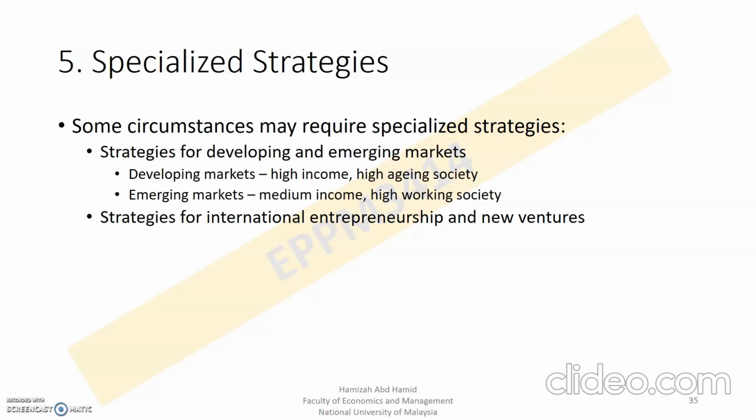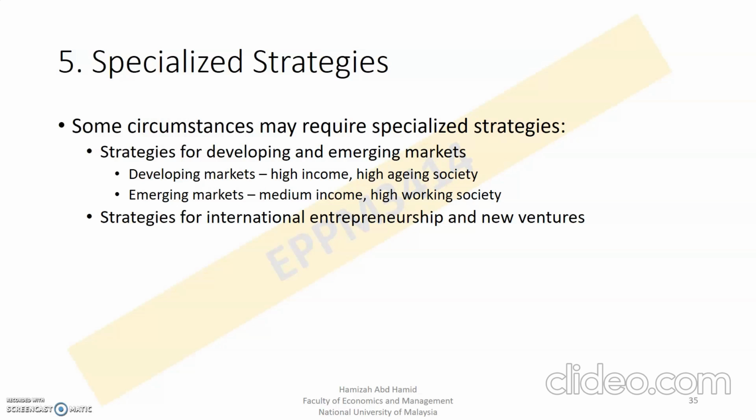There are specialized strategies for specific markets and also specific types of companies. Some circumstances may require specialized strategies. Developing and emerging markets provide multinational companies with a unique area to venture into.